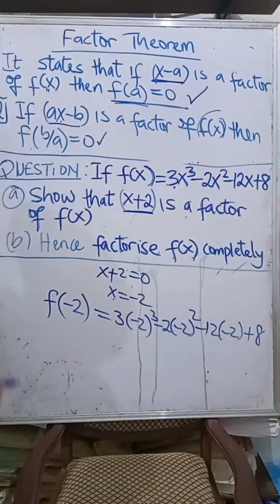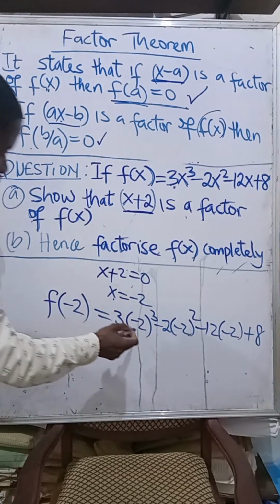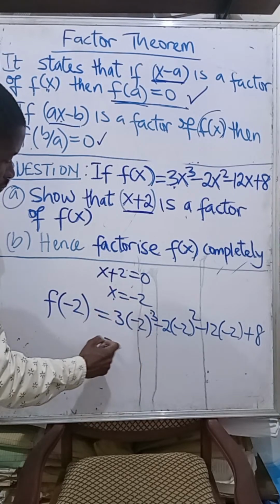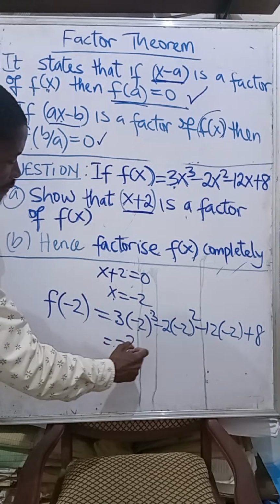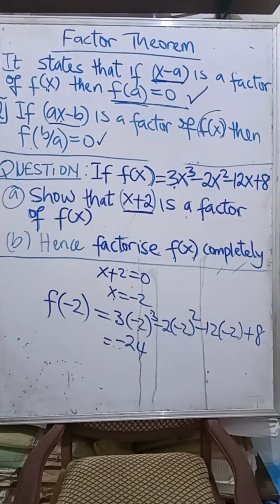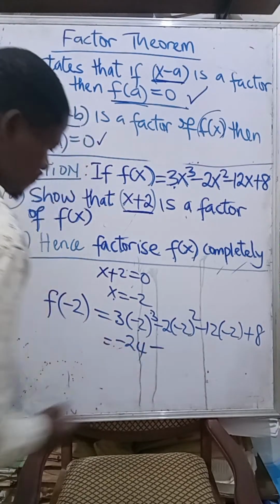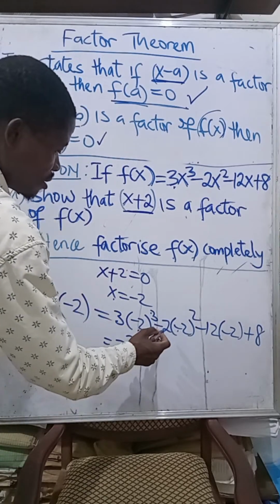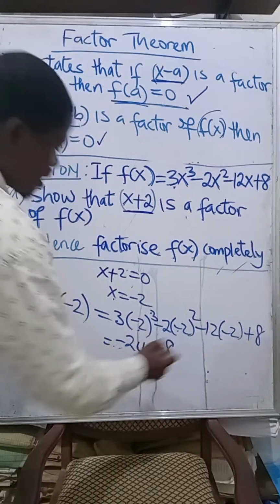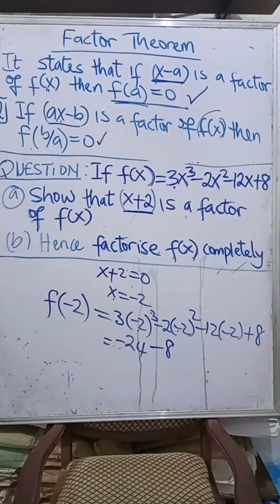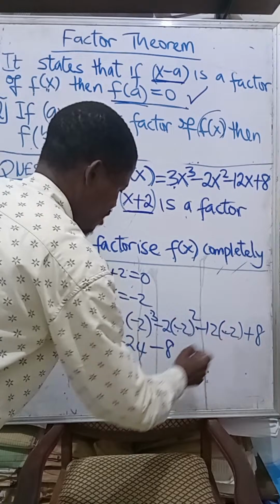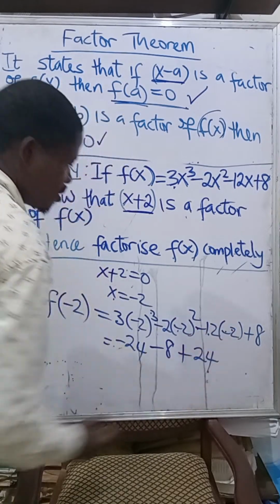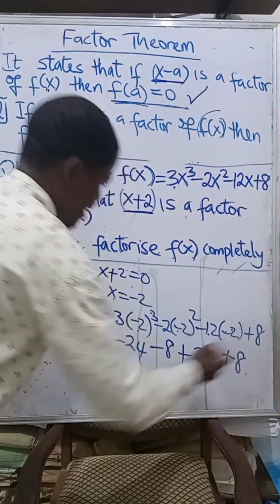So this gives us minus 2 to the power 3, that's minus 8, times 3, that's minus 24. And then minus 2 squared, that's 4, times 2, that's 8. Minus times minus is plus, 12 times 2 is 24, and then plus 8.